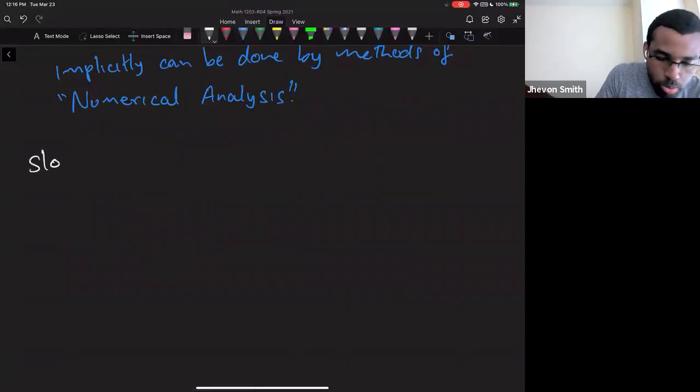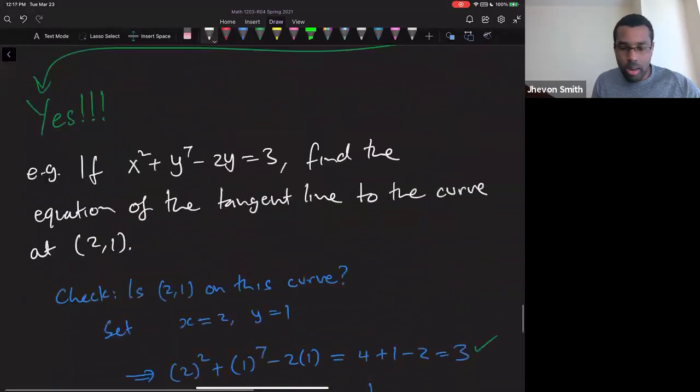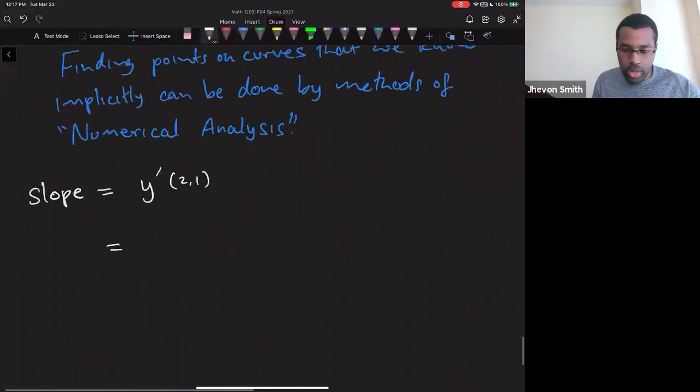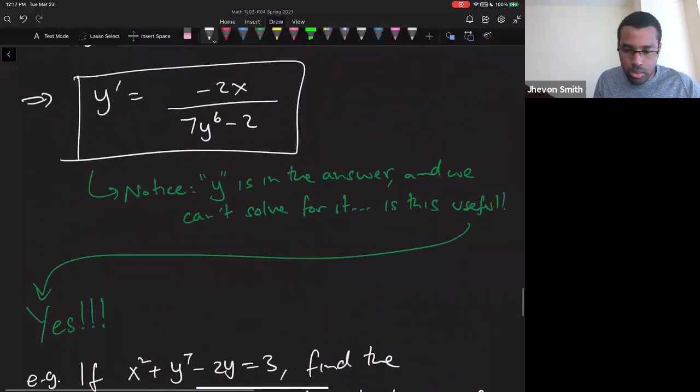Now, how would I go about doing that? Well, I know that the slope is given by y prime evaluated at (2, 1). So this is going to be y prime. What was that? Minus 2x over 7 times y to the 6 minus 2.